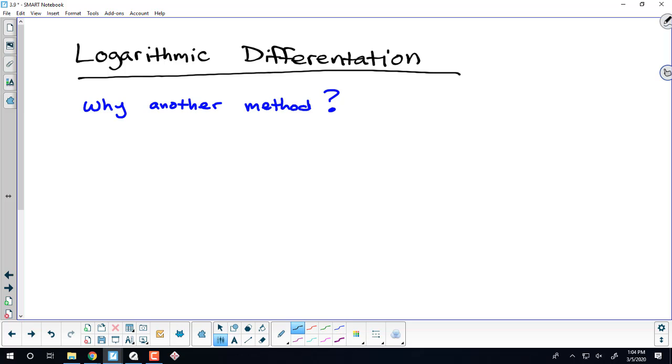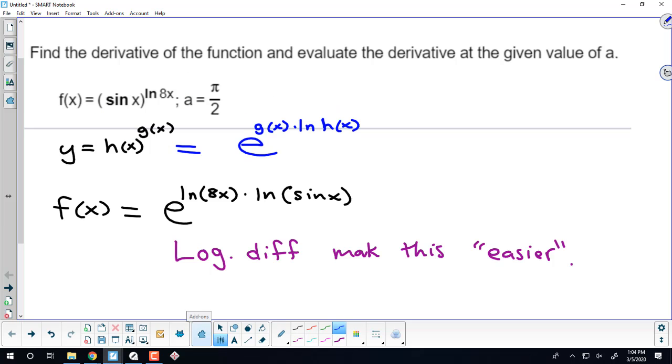We could use that last function from our homework as an example. Consider, whatever it was, sine to the natural log.